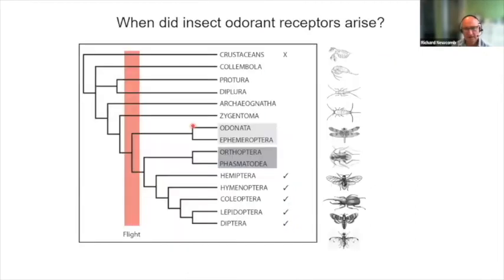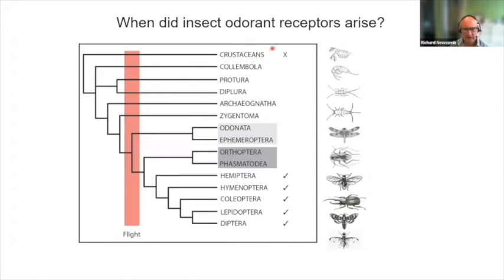So we've been interested in working out when the origin of these smell receptors in insects was, and we took a genomics approach. It's now no longer that difficult to sequence a genome or a transcriptome of the antennae of insects. So you can actually do these studies, and they're even within the bounds of a PhD, to look at one or a number of genomes.